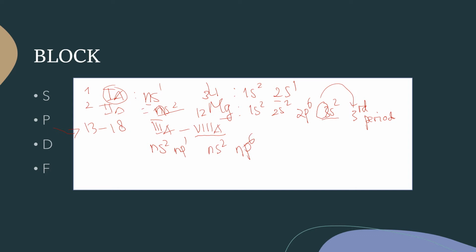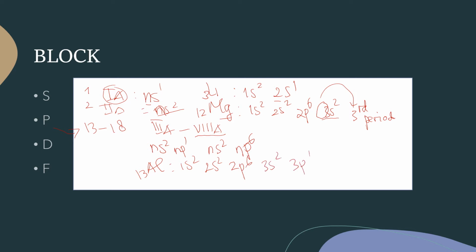For aluminum, for example, in group 3A or 13, aluminum is proton number 13, and the configuration is 1s2, 2s2, 2p6, 3s2, 3p1.